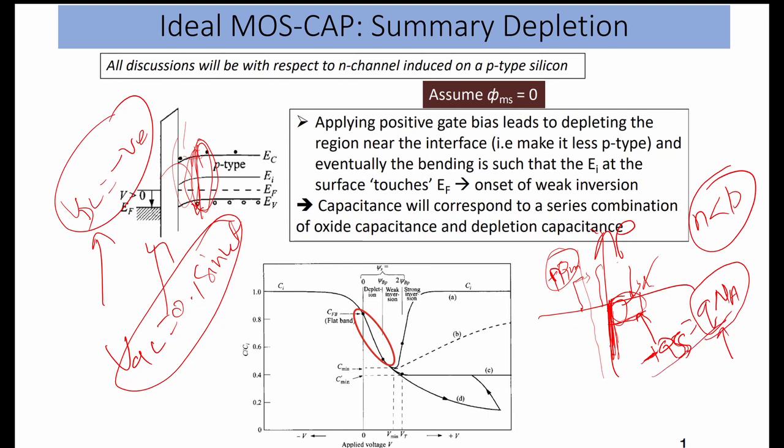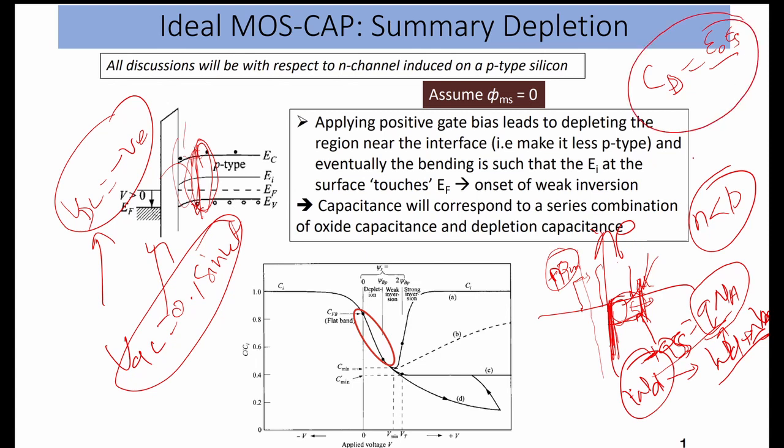So whatever small signal we are applying will uncover the charges at this interface. The depletion region width was WD, let us say. So it will move to WD plus delta WD. So C depletion will be equal to epsilon naught epsilon S divided by WD plus delta WD.